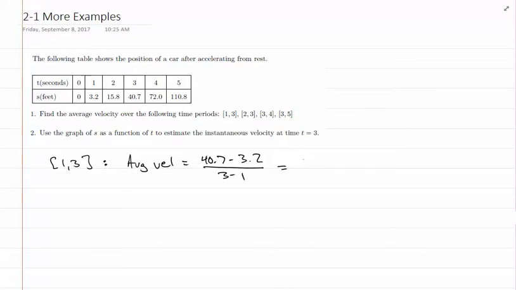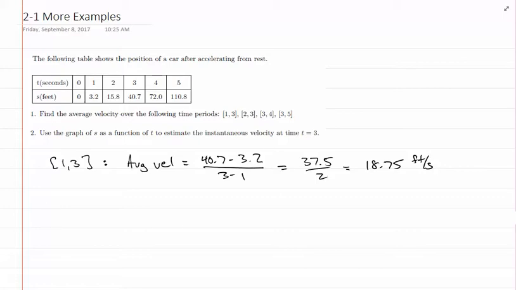So that is 37.5 divided by 2, which would be 18.75. And for units, we got units of feet on top, we got seconds on the bottom, so that would be feet per second.